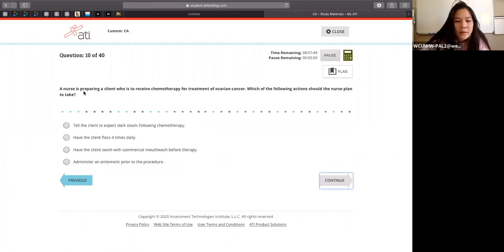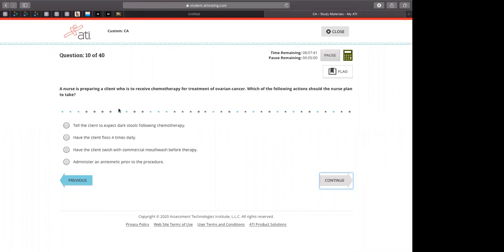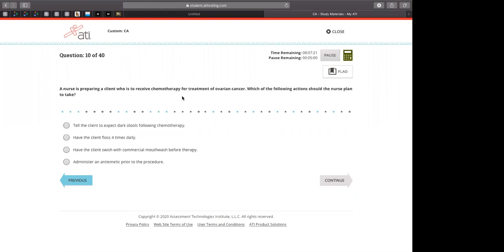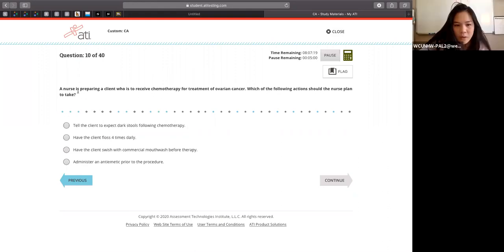A nurse is preparing a client who is receiving chemotherapy for treatment of ovarian cancer. Which of the following actions should the nurse plan to take? Tell the client to expect dark stool following chemotherapy. Do you guys remember ovarian cancer? It's cancer of the ovaries. What is the main problem here?